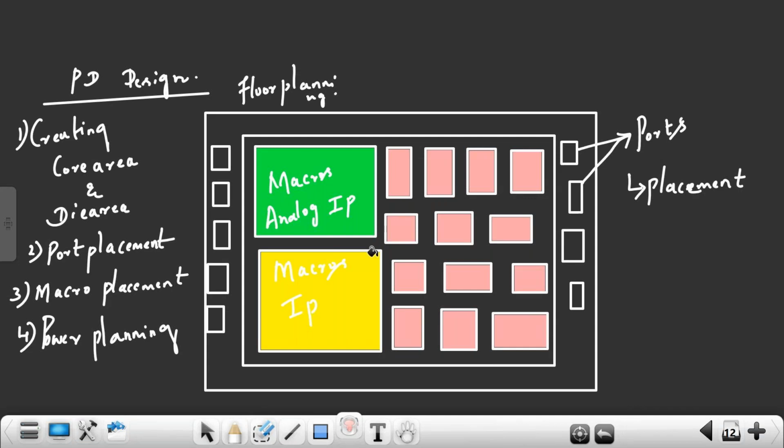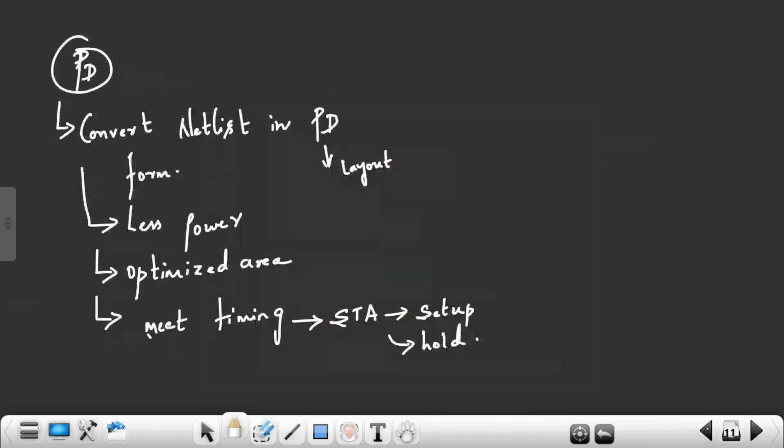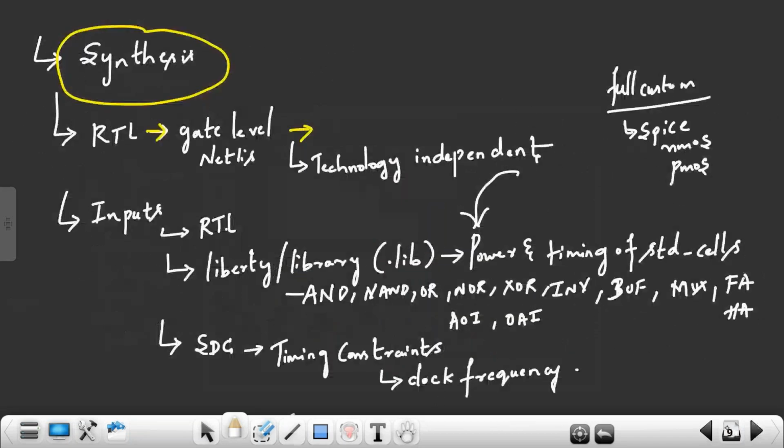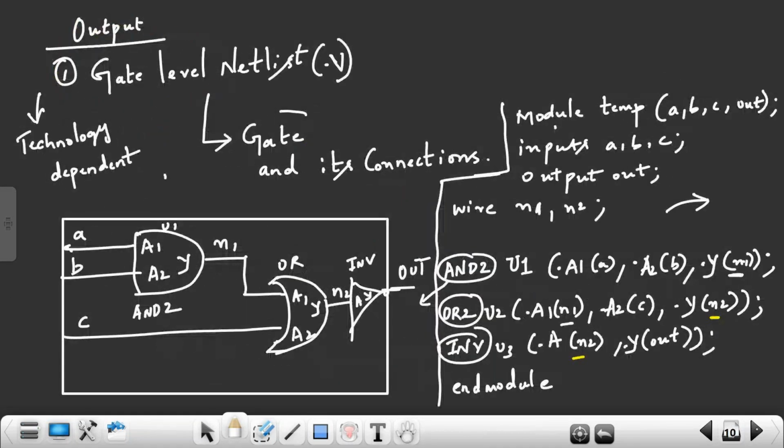So this is a layout of standard cell. This is not a normal standard cell, right? It's not a block. It's a layout of a standard cell. So whatever cells we are seeing here, we get the equivalent layout and place here.